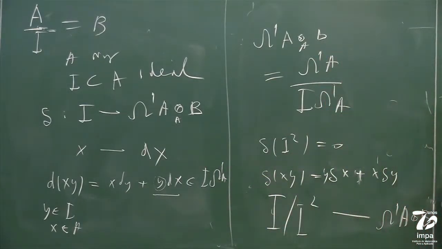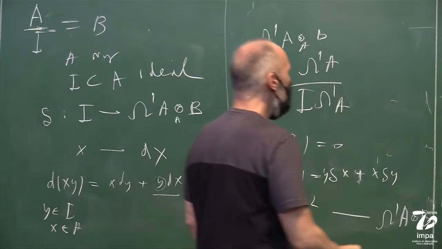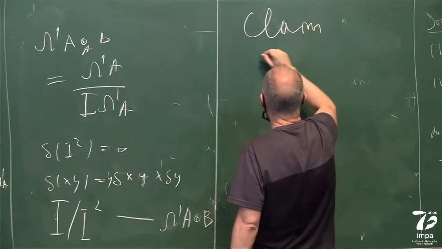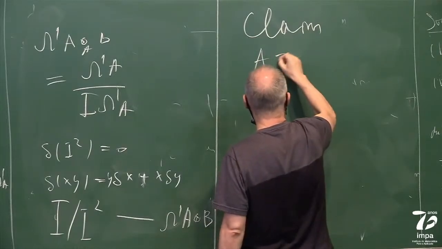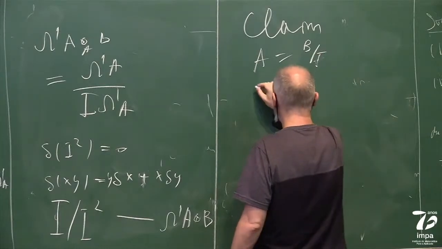Now we have an exact sequence. It should probably be called a claim here. So you have A equal to P by I. Then the following sequence is exact.